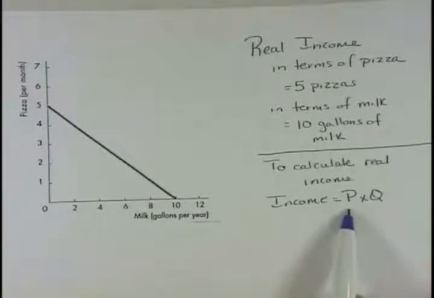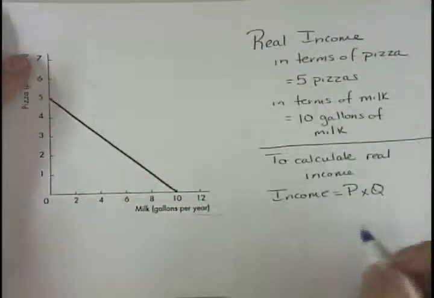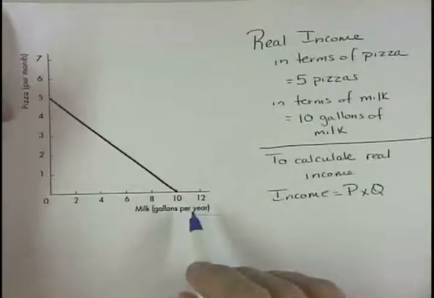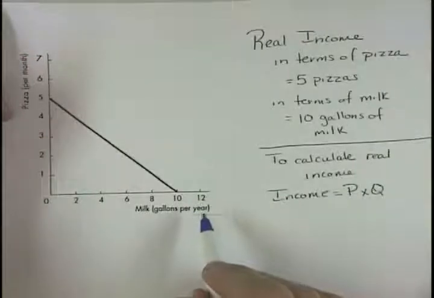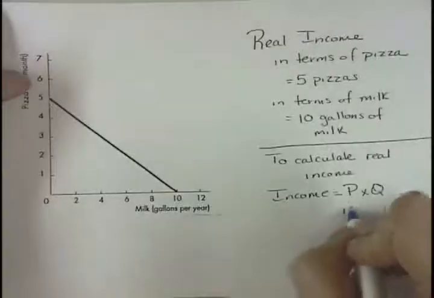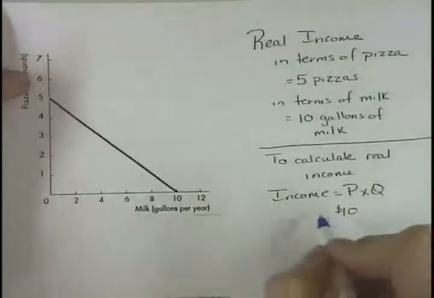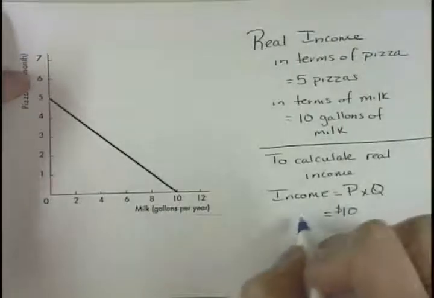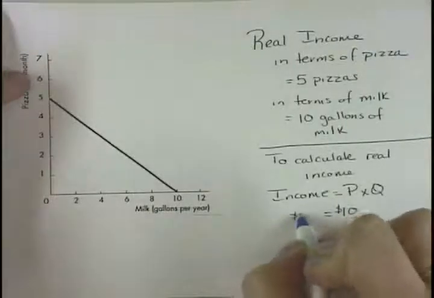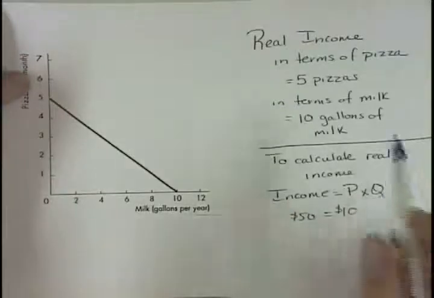The price of the good is here, and how many we can buy is there. So if we want to figure out our real income, we would say if the price of pizza is $10, okay, we know the price of pizza, and let's say we know income is $50. We could then use that information to solve for Q, which is really going to be our real income.